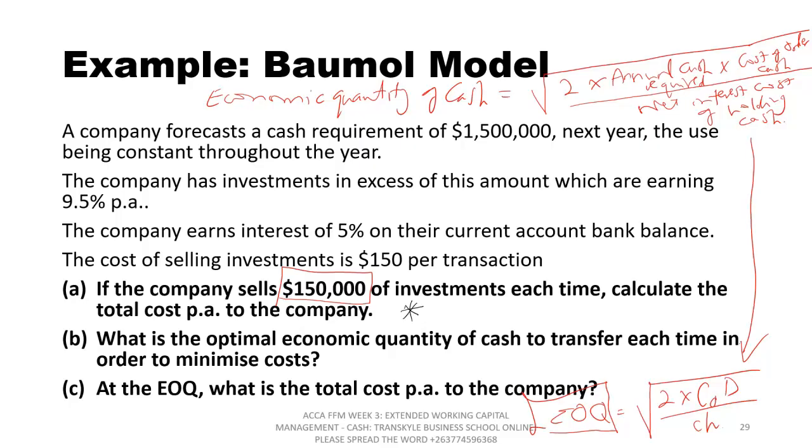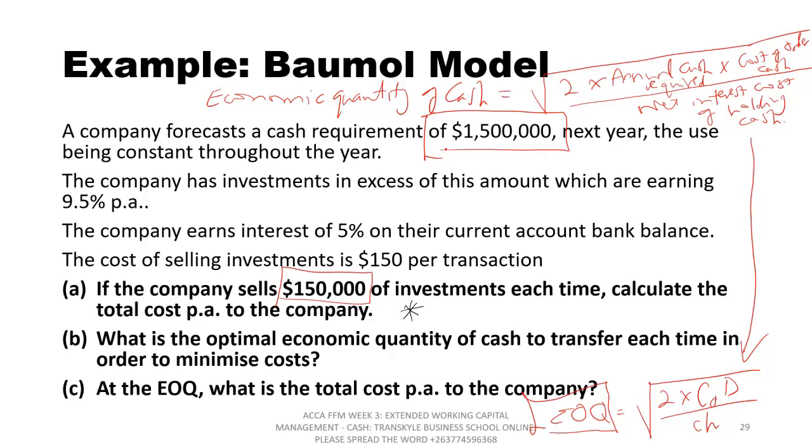So the examiner has done that working already, but he is now saying compute the annual costs to the company if we are selling at the order size of $150,000. So if we are selling investments at $150,000 each time, what would be the total cost to the company? Remember, we are being told that we need 1.5 million next year.